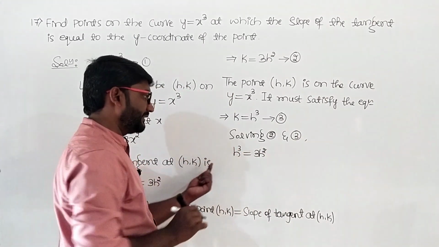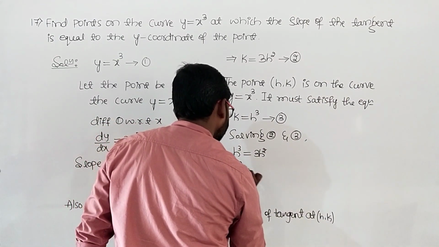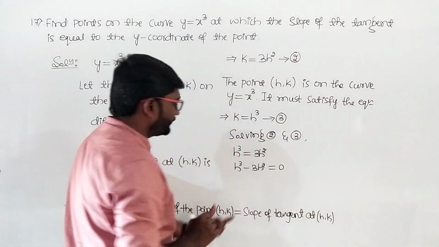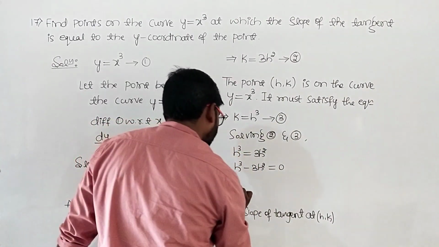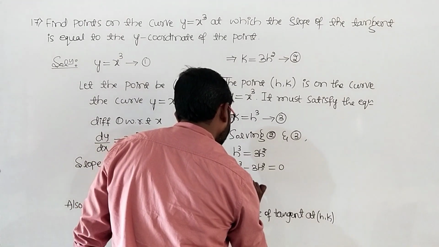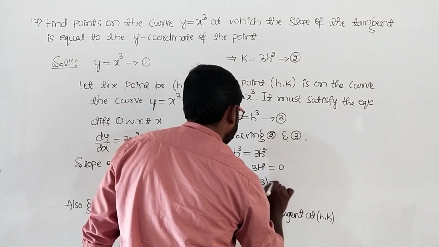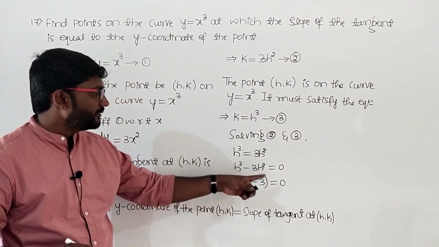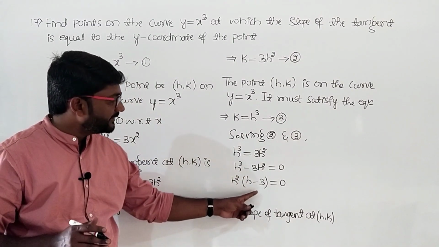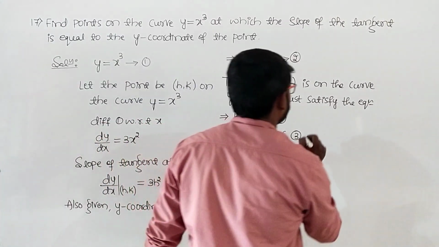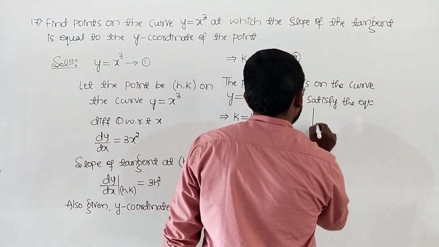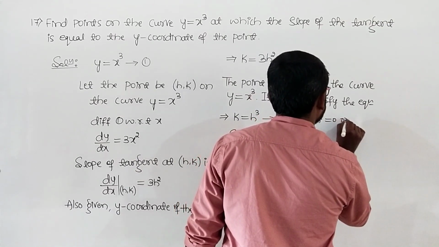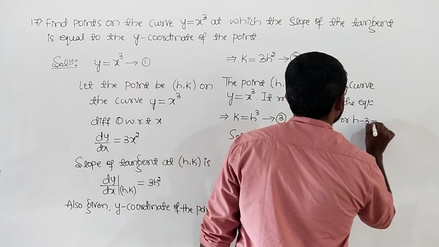Take this to the left hand side, h cube minus 3h square equals 0. In these two terms we can take h square common. We get h square into h minus 3 equals 0. So now equate h square with 0 and h minus 3 with 0. So here h square equals 0 or h minus 3 equals 0.